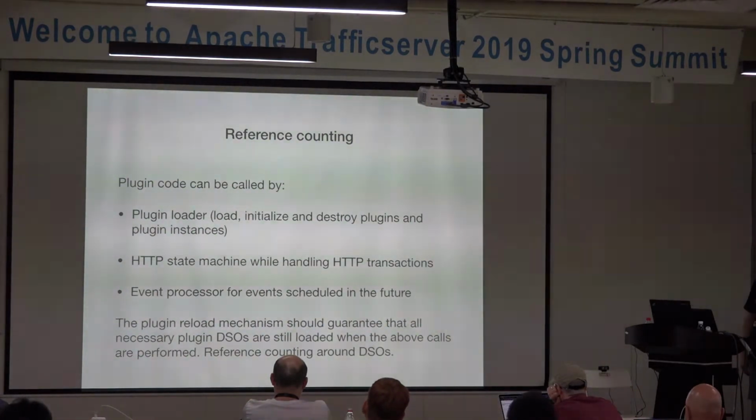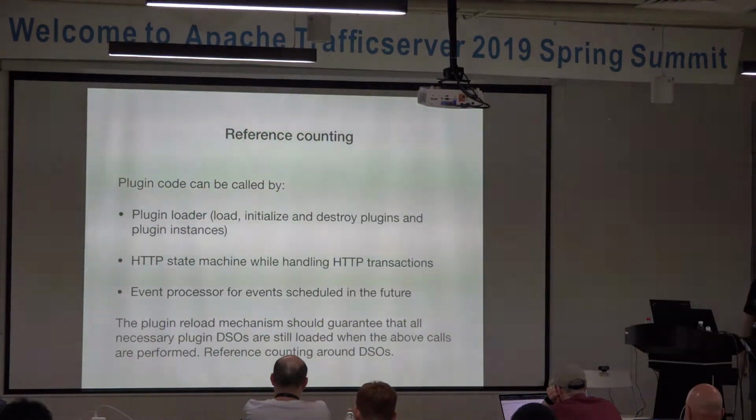So when we use plugin code, there are three major places where we use symbols from the shared object. First, during the plugin load, we call functions that the plugin defines to load, initialize, and later even for destroy, we need to use a symbol from the dynamic object.